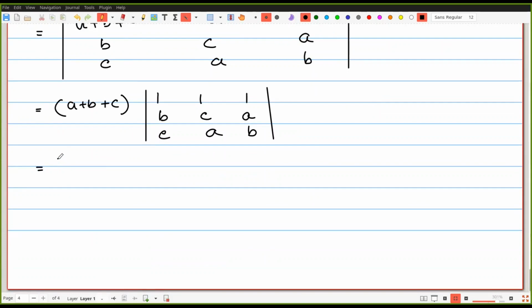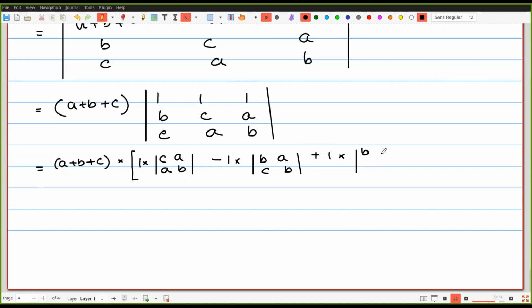We are writing a plus b plus c into 1 into (ca minus ab) minus 1 into (ba minus cb) plus 1 into (bc minus ca).